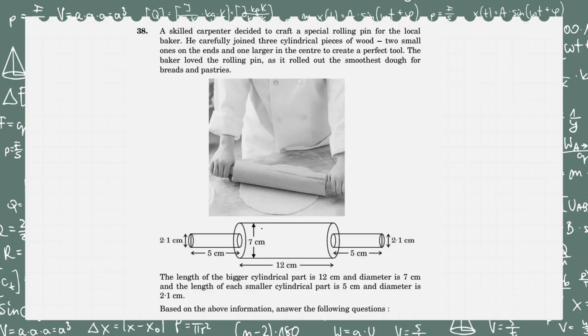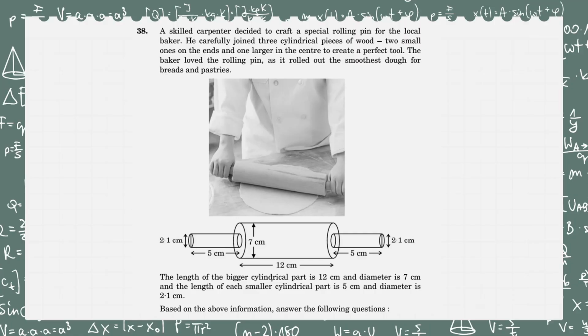And then to hold it, there are 2 same sized small cylinders attached to the ends. Their dimensions are given as 5 centimeter height and 2.1 centimeter diameter for both of them. So this is the information they have given in the statement below this also.